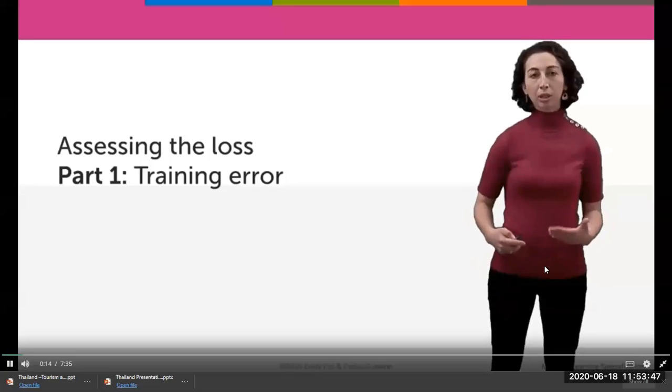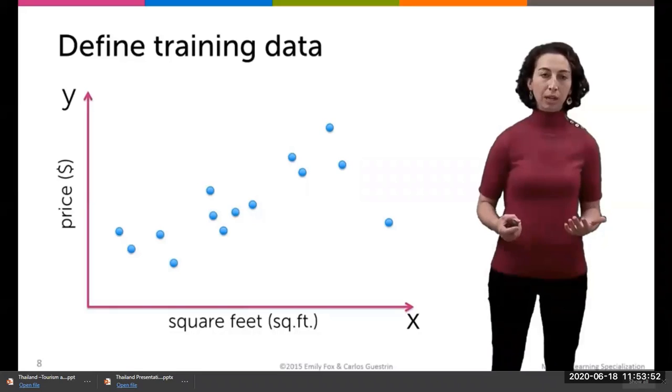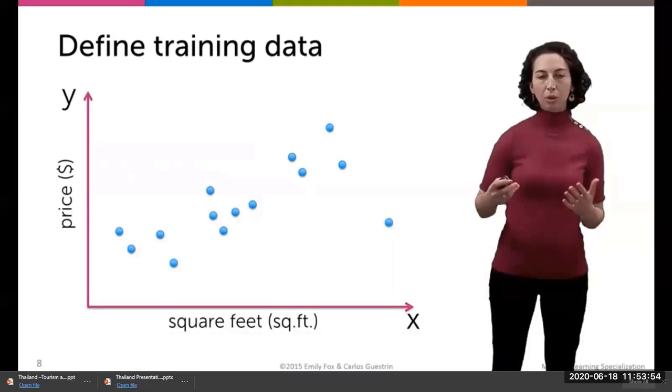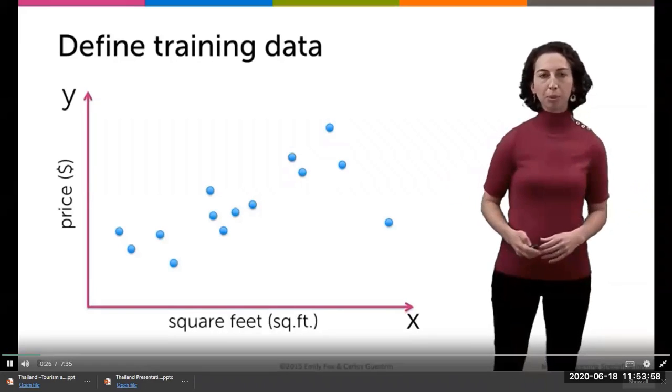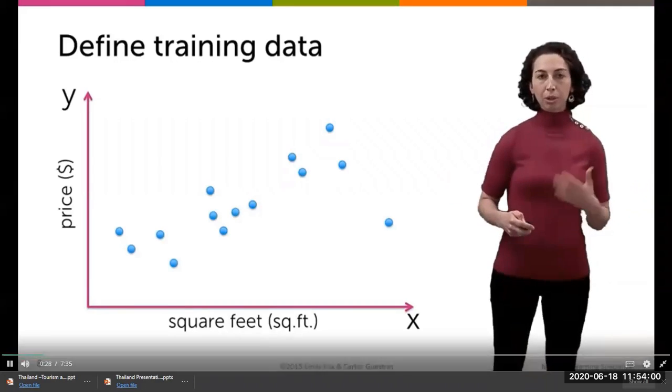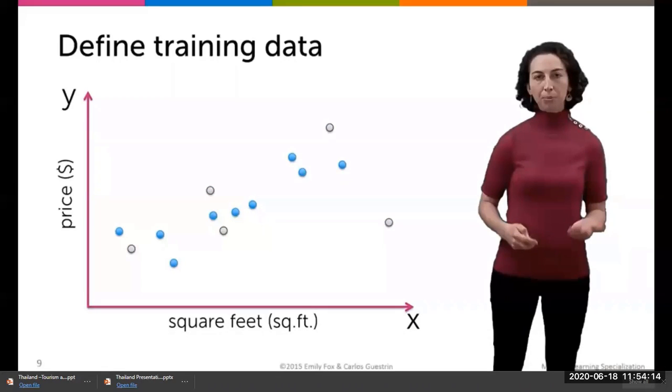But now let's go through it in a little bit more detail. To define training error, we first have to define training data. So training data, typically you have some data set, which are shown as these blue circles here, and we're going to choose our training data set. Now, one more thing. In all of the problems that we've been dealing with in Weka, we were not using a numeric output variable. The class variable was categorical.